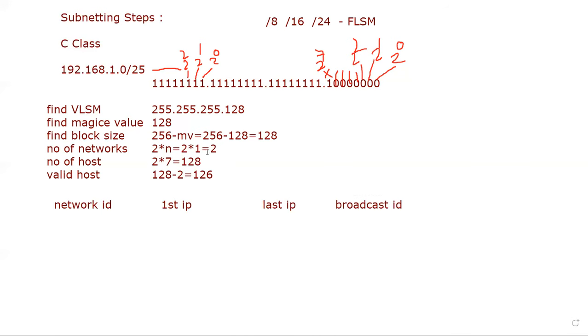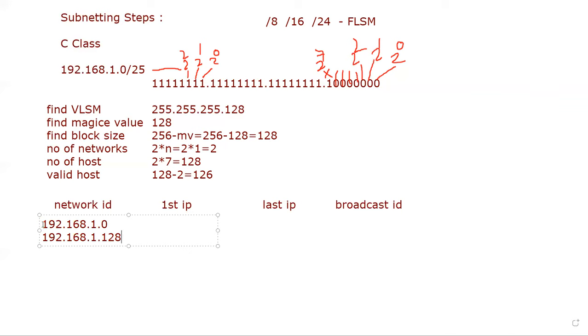Now we have 2 networks. How to write it? 192.168.1.0 is my first network ID. And what is my block size? 128. So 192.168.1.128 is my second network.